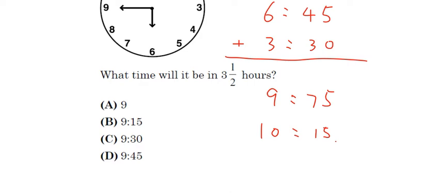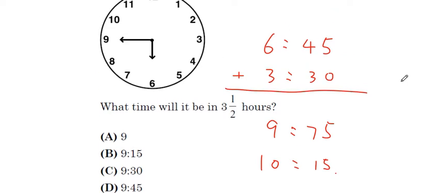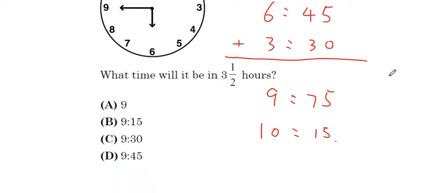So should it be, let's say, in 3 hours and a half, 6 plus 3? Should it be 10 o'clock? 9, 3 hours.